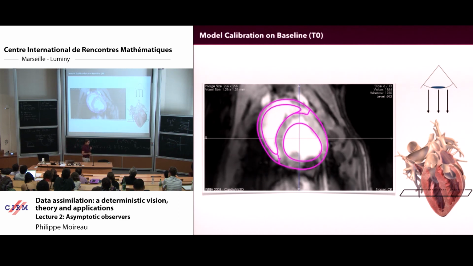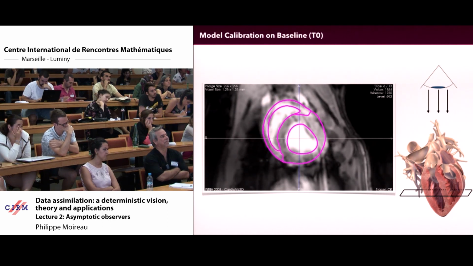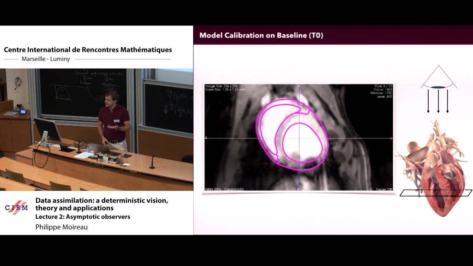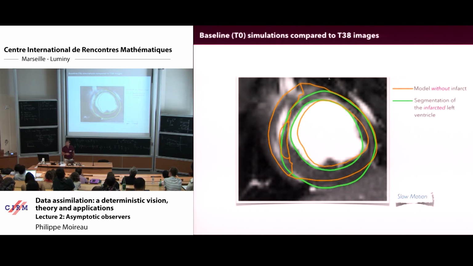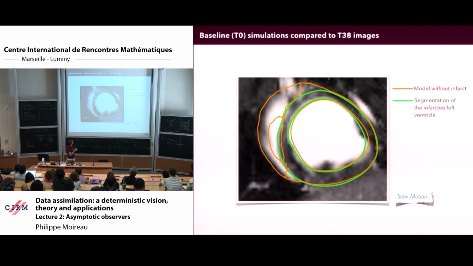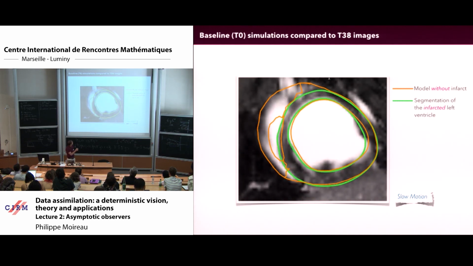Then we generate on a pig an infarct. So basically the pig got sick and his heart has a zone where the contraction does not occur anymore, because it's infarcted. If I take the same model, so the model of the healthy pig, and I project it into the data of the infarcted pig, in green, it's the infarcted data, okay?